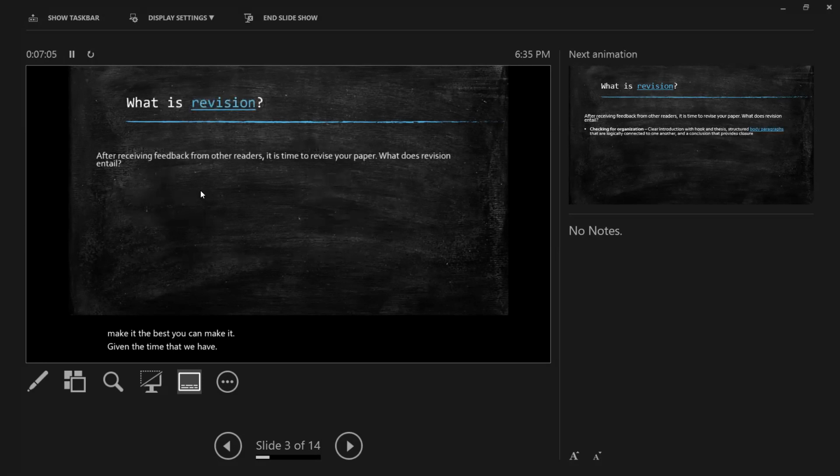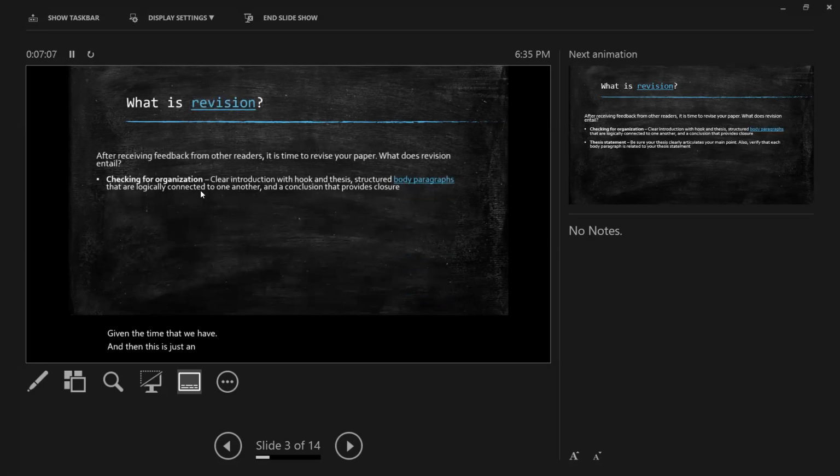And then this is just an explanation. After receiving feedback, check for organization. Definitely make sure you have an intro. It says make sure you have a clear thesis, but for narrative, sometimes your thesis can be implied. But if you are going with an explicitly stated thesis statement, then it should sound something like, here's my experience, here's what I learned from it.